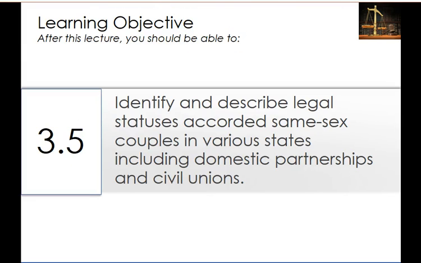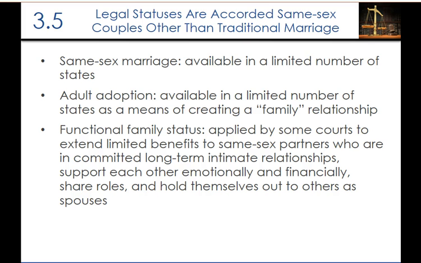Identify and describe legal status as accorded same-sex couples in various states, including domestic partnerships and civil unions. Same-sex marriage is available in a limited number of states. Adult adoption, available in a limited number of states as a means of creating a, quote, family relationship, which would give rise to inheritance benefits, would give rise to insurance benefits, also to access to health care records, those types of things.